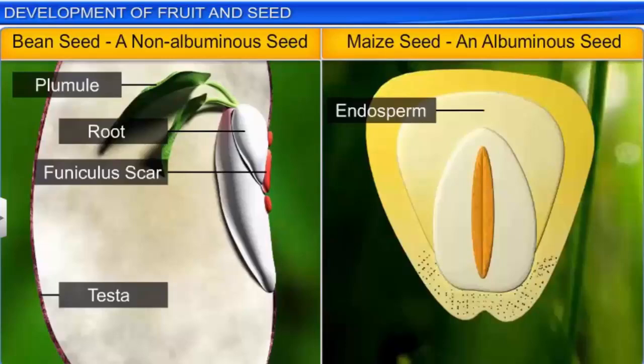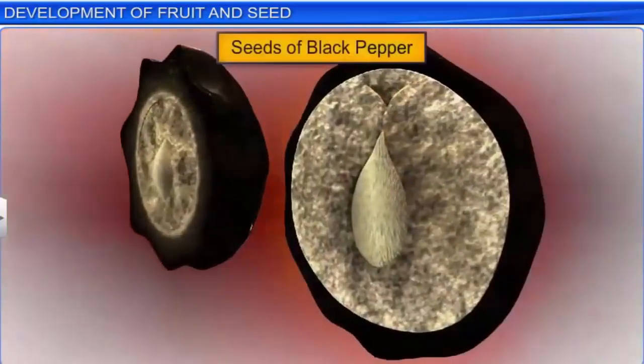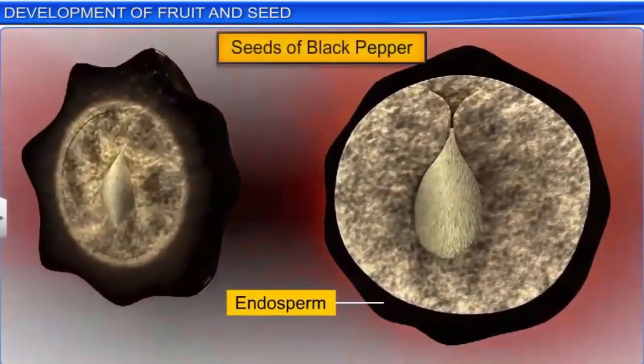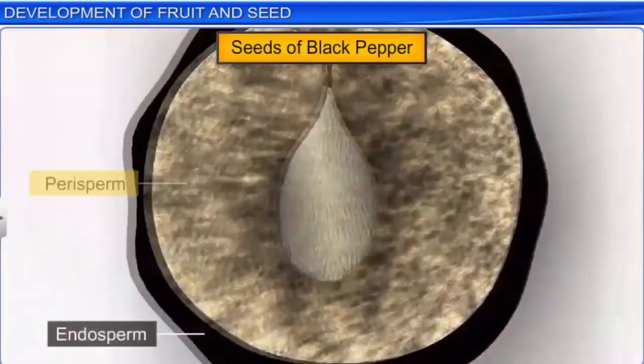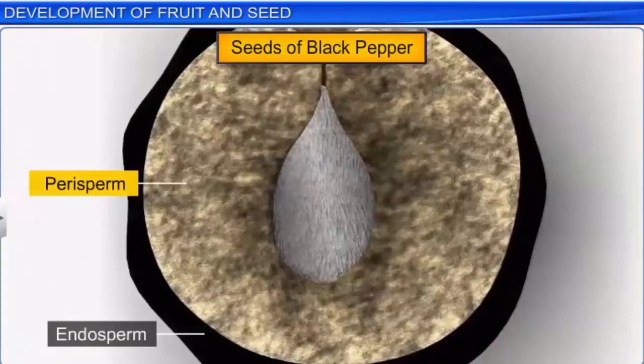Such seeds are called albuminous seeds. Sometimes, in addition to the endosperm, seeds also contain remnants of the nucellus called the perisperm that also stores food material. Such seeds are called perispermic seeds. Black pepper is a common example of a perispermic seed.